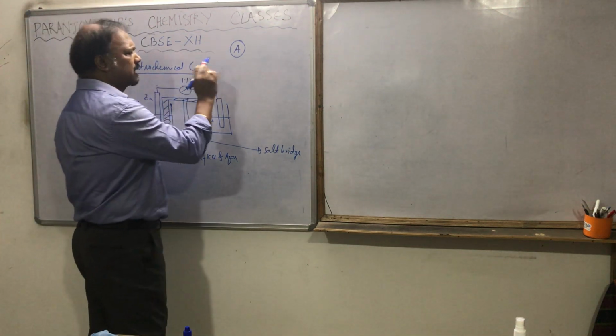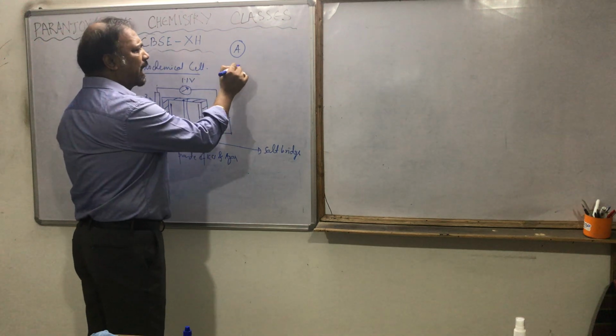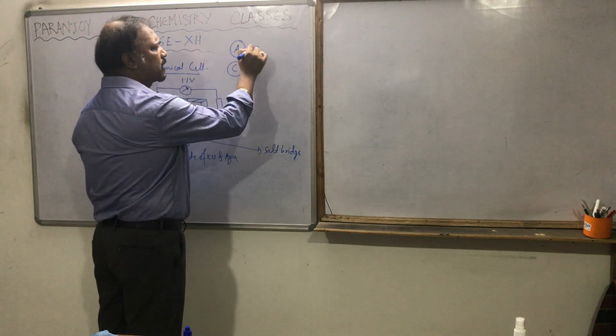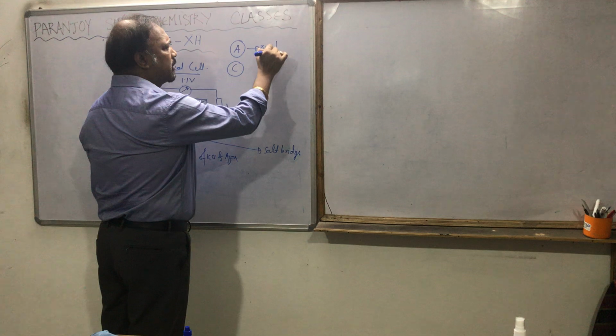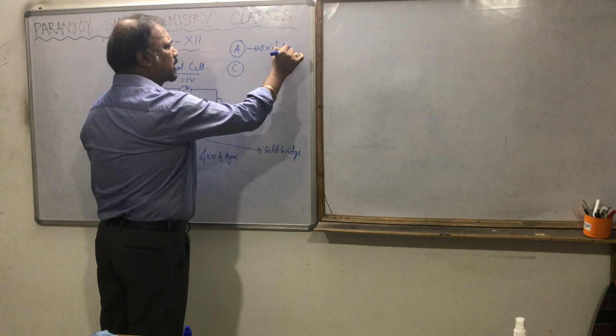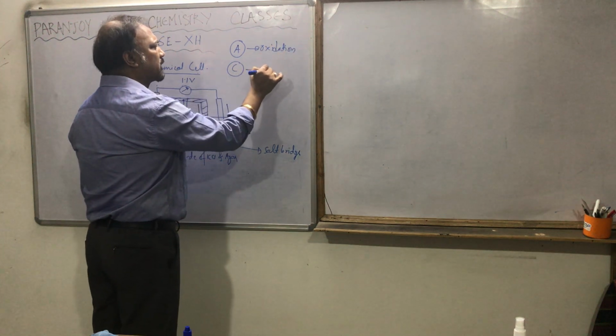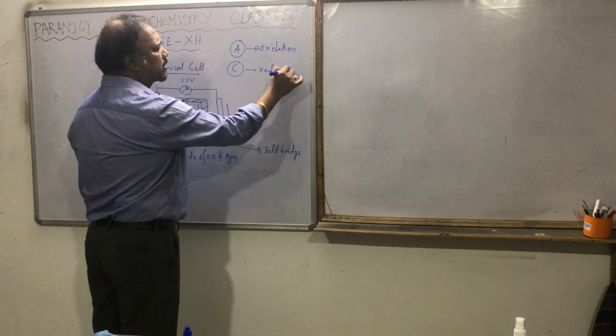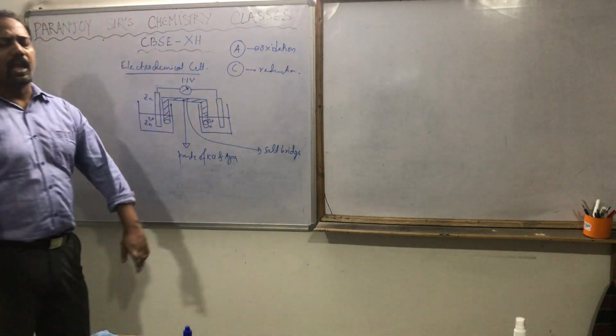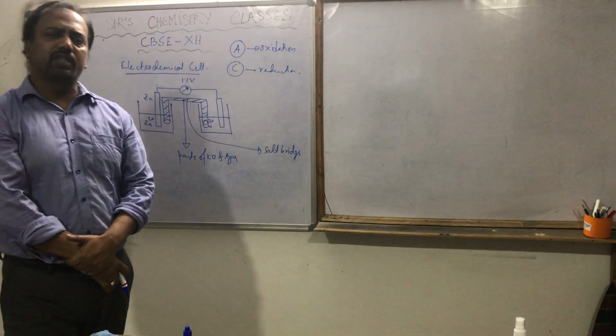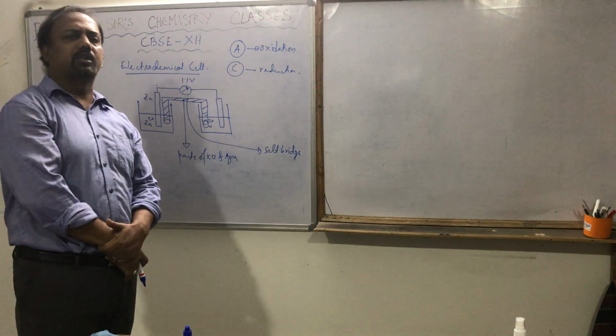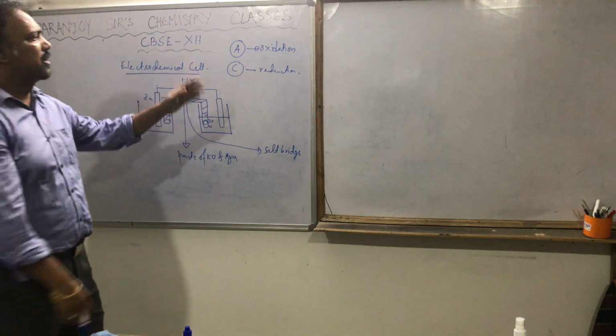Just remember, that is the only concept, that anode is the electrode where the oxidation takes place, and cathode is the electrode where the reduction takes place. This is a very important concept of the cell. Anode is the one where the oxidation takes place, and cathode is the one where the reduction takes place.